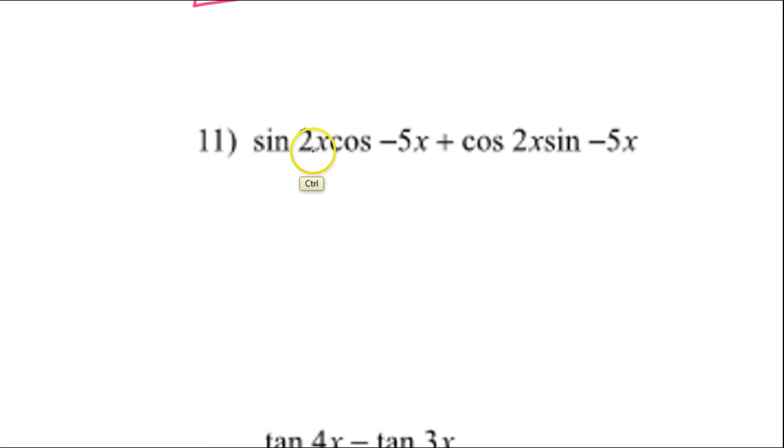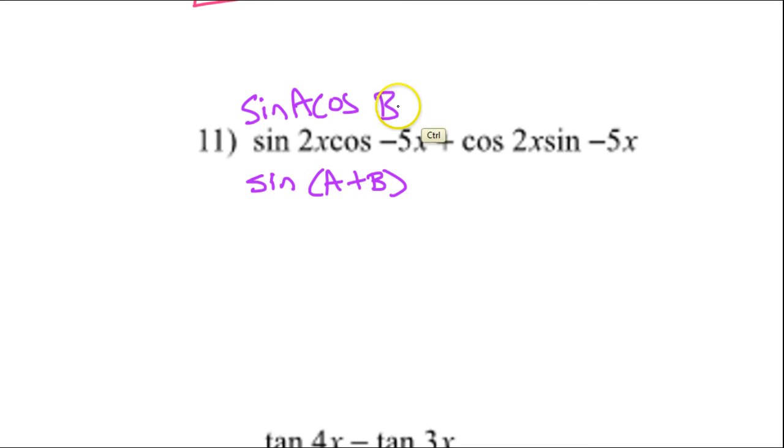For problem number 11, I notice that it goes sine cosine plus cosine sine. So that is the way the sine sum formula works. So for example, if I have the sine of A plus B, then that would equal sine A cosine B plus cosine A sine B. See how it matches the same pattern?